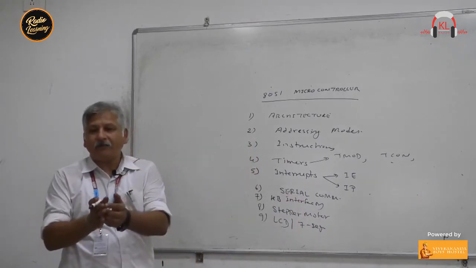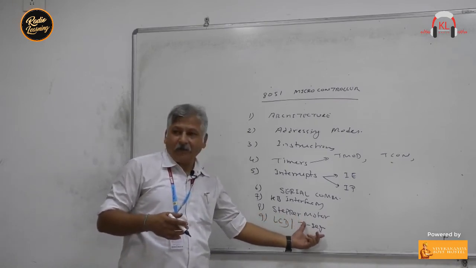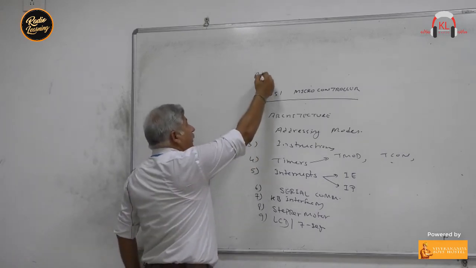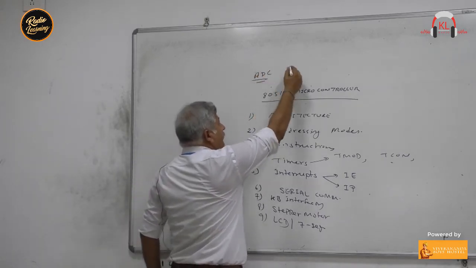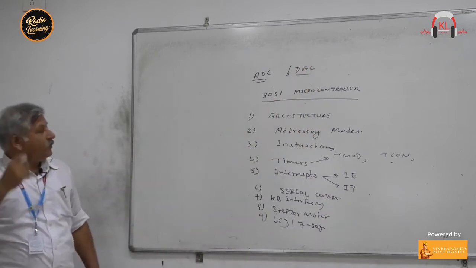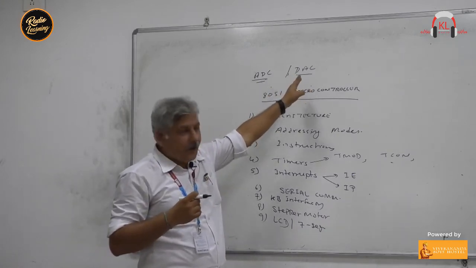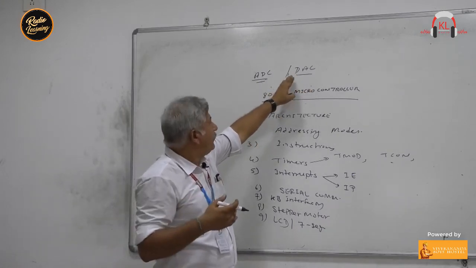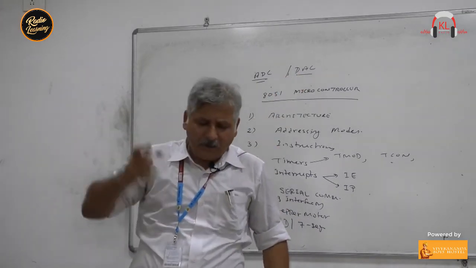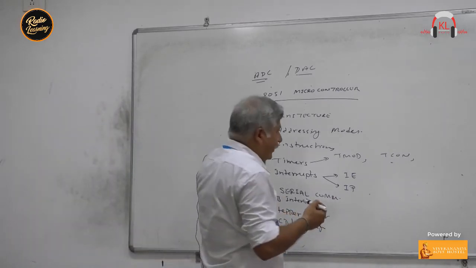If you want to display numbers from 0 to 9, how to write a program and interface the 7-segment display for that. Then ADC, analog to digital converter. Then DAC, digital to analog converter. What are the basic pins of these devices, and how to write the program for DAC to generate a triangular wave, a sawtooth wave, a square wave. These types of small programs you can also study.